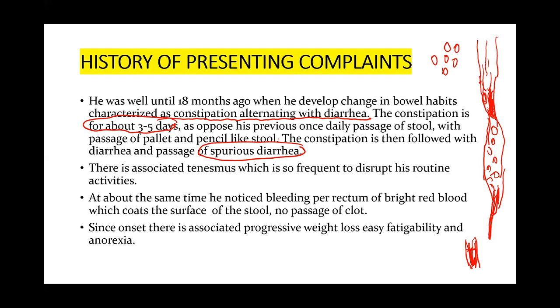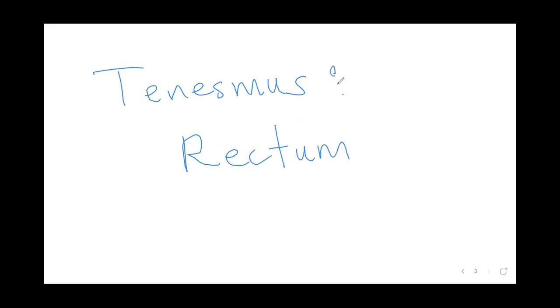But from what I said so far, it has not really differentiated whether this tumor is a colonic tumor or a rectal tumor. Now, what really differentiates them is tenesmus. When you say a patient has tenesmus, you have localized the tumor to the rectum. Because tenesmus is a symptom characterized by a persistent urge to defecate.